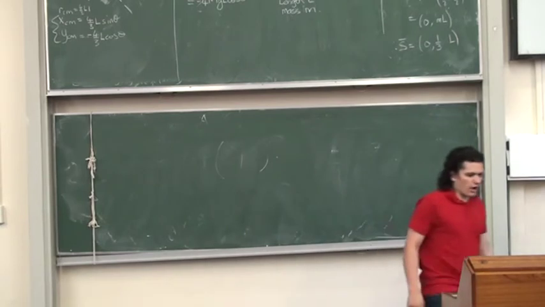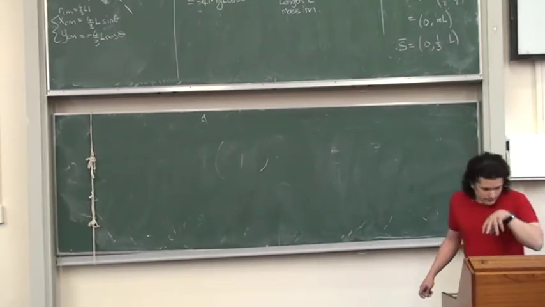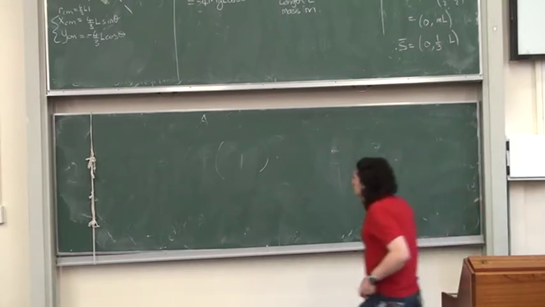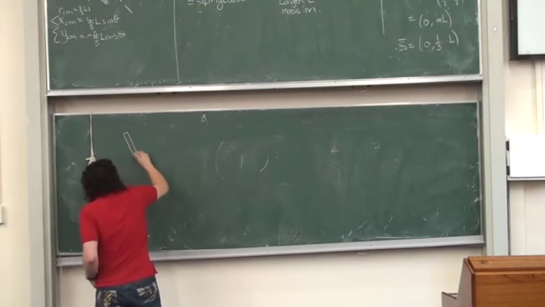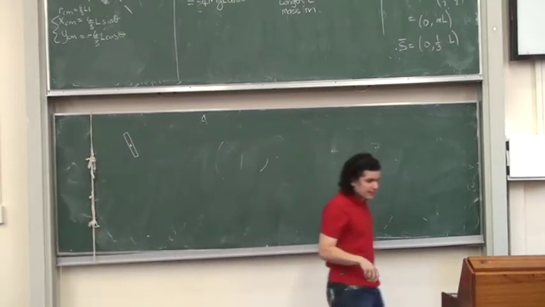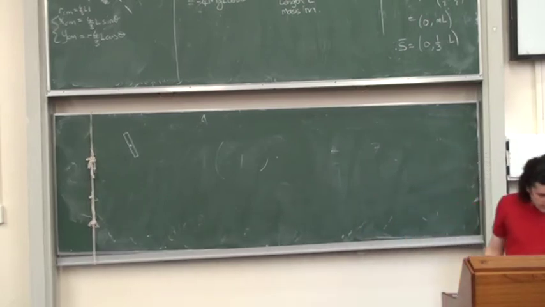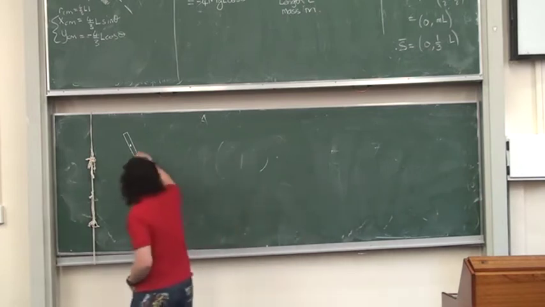Moment of inertia of a bar. We've done this in class. A single bar, when it's rotated around an axis through its center of mass, we are told, and perpendicular to the bar. That's this axis over here.